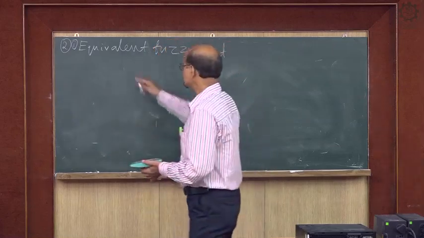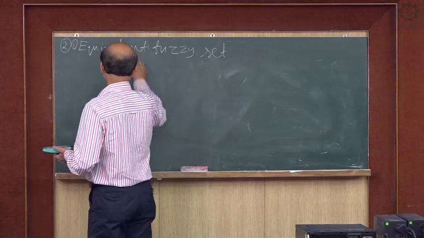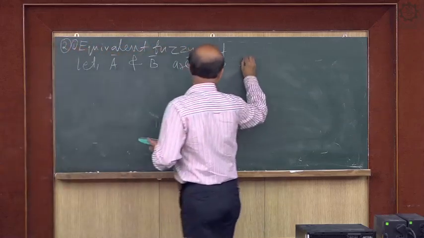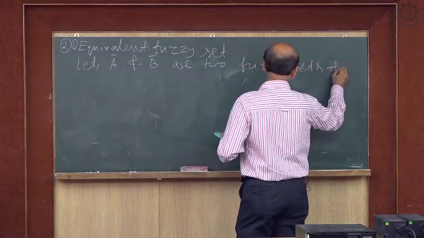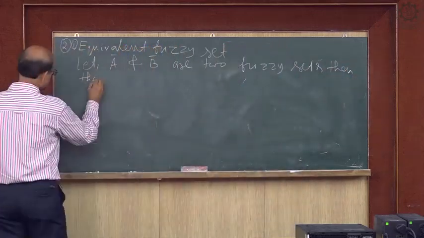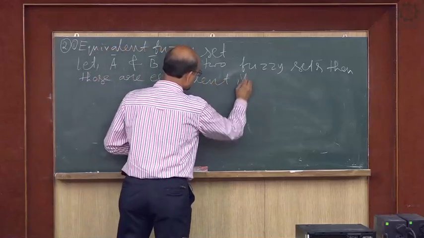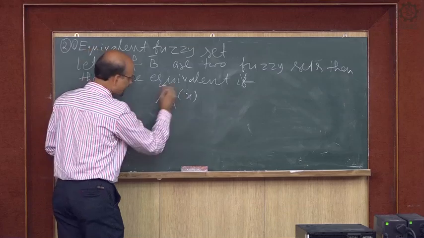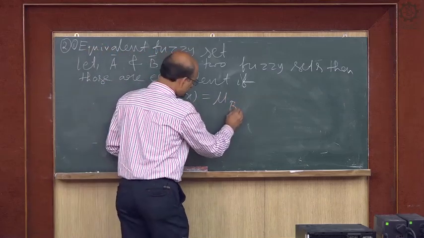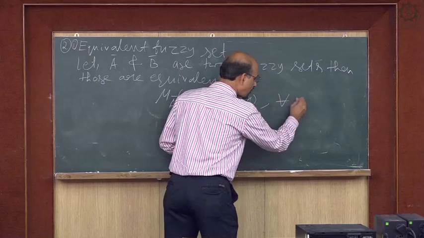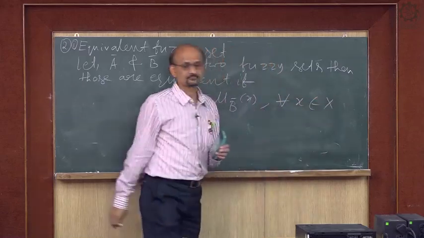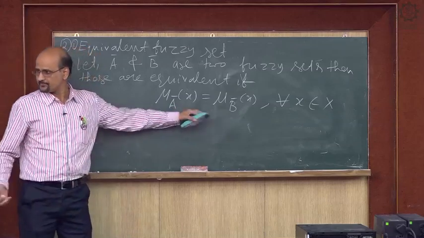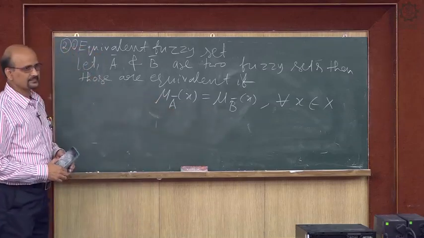So, the definition is, let A bar and B bar be two fuzzy sets, then they are equivalent if we have the membership function of x for A bar equal to the membership function of x for B bar, for all x belonging to capital X. Same membership function, if it is equal, then we say that they are equivalent.